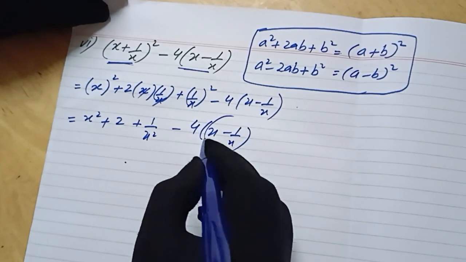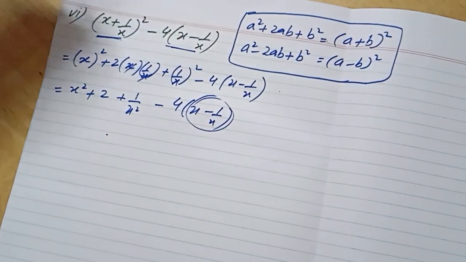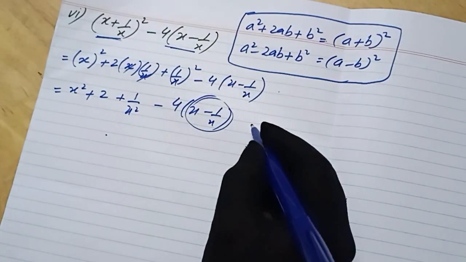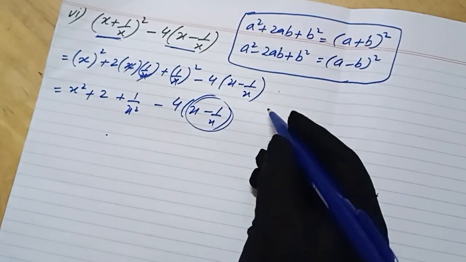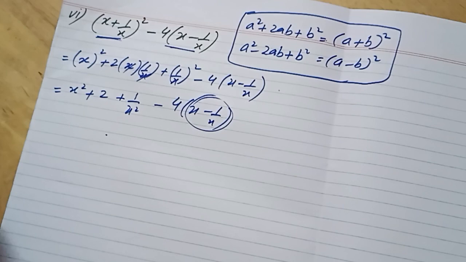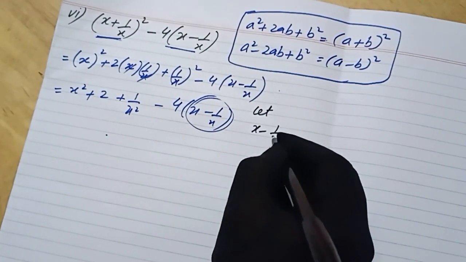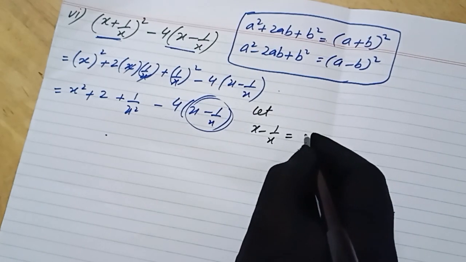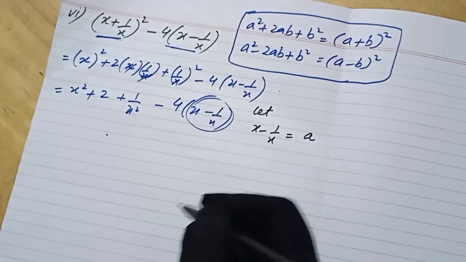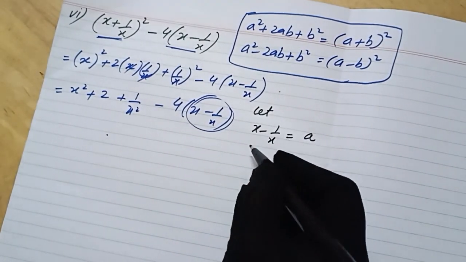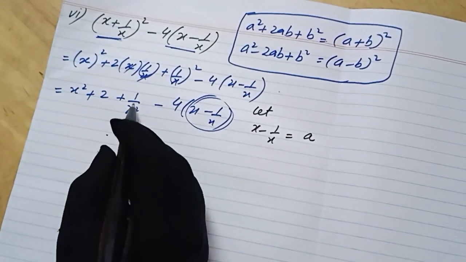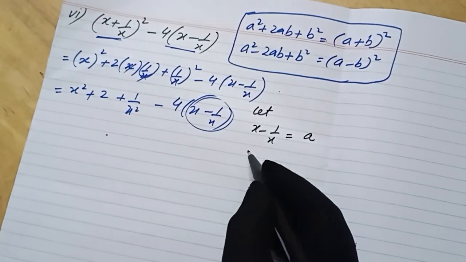Now we can take this expression as another variable to make our equation into a simpler form. So let x minus 1 over x be a. Now squaring on both sides, because we want x square plus 1 over x square, we can change it into that form.